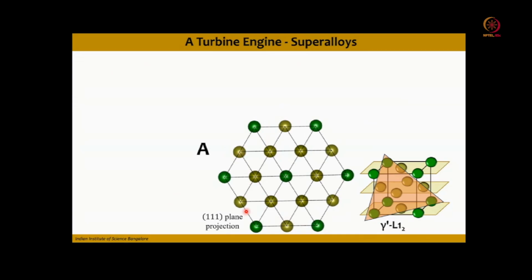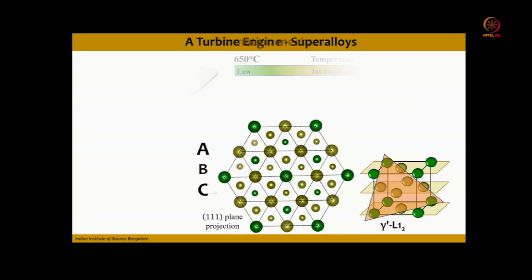Okay, if we call this A, then above this A there will be another layer, and there is a third layer, so we call it a sequence of A, B, and C. And this ABC sequence repeats. And this is a typical FCC or L12 FCC based sequence, which we observe if you see the edge-on condition of the triple one plane.